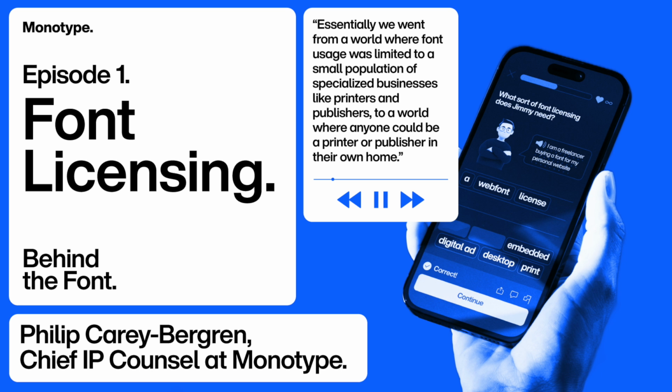Phil, I don't think there's a topic we get more questions about than font licensing. Why do you think that is? Licenses in general are pretty complex documents, and there's a perception that they're written by lawyers, can only be read by lawyers, that they contain a lot of fine print, legal jargon, and I think some of that just makes people nervous. Yeah, I feel like in my limited knowledge compared to yours, there's a concern that people don't know what they don't know, and so it's sort of paralyzing.